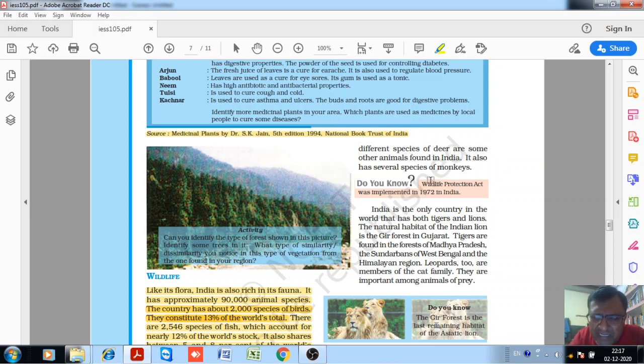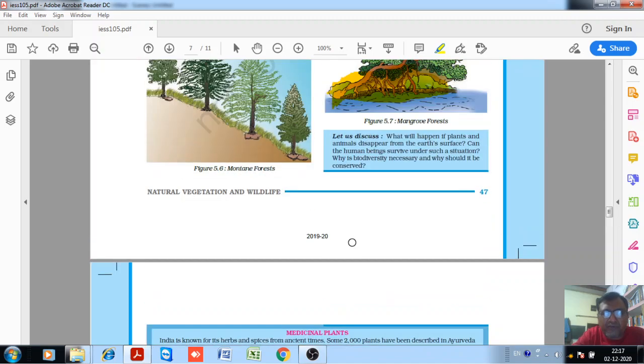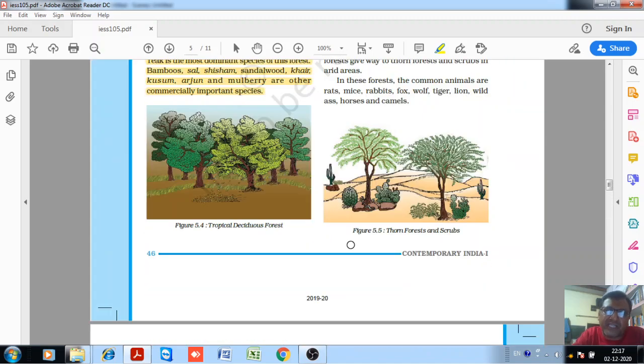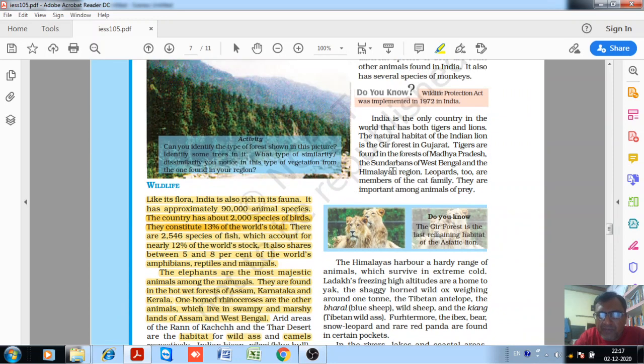It also has several species of monkeys. So you can understand that if we have this much forest in our country, definitely we will have different varieties of wildlife, no doubt. So India is the only country in the world that has both tigers and lions.